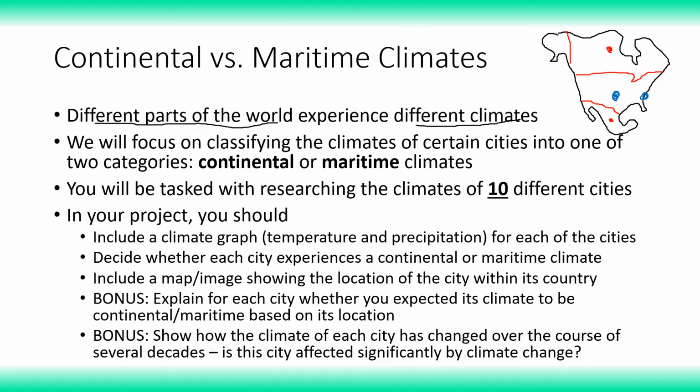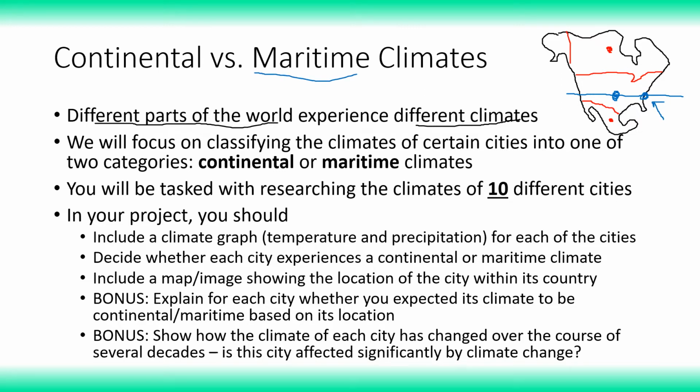One's not really farther north than the other, they're both on the same line of latitude. But the difference is that one of them is on the coast. This one over here is on the coast, and what that translates into is a maritime climate.